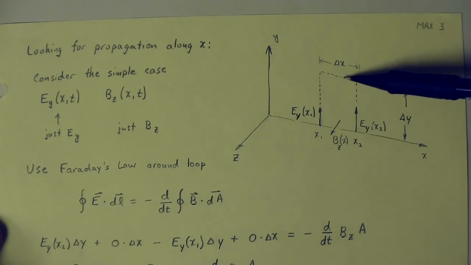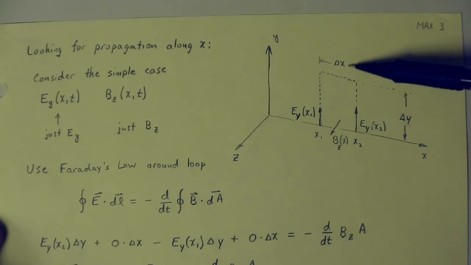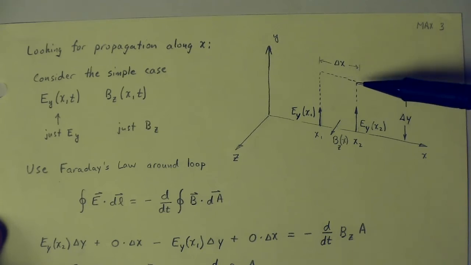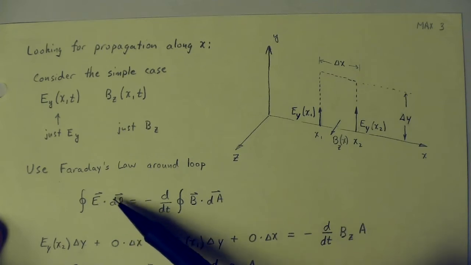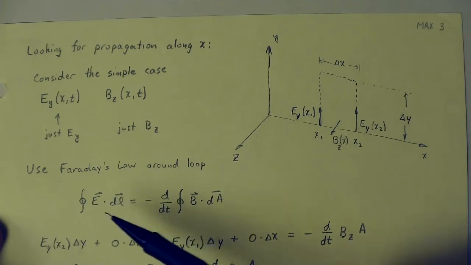Then as we go across the top, we wouldn't get anything, and that's because the field is pointing up. Remember, the field only has a y component, but our path is moving in the x direction, and so the dot product of those two will give us 0.